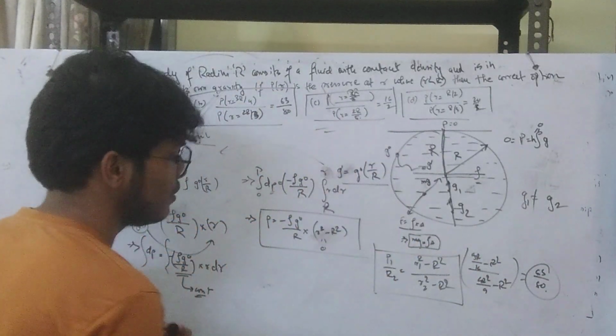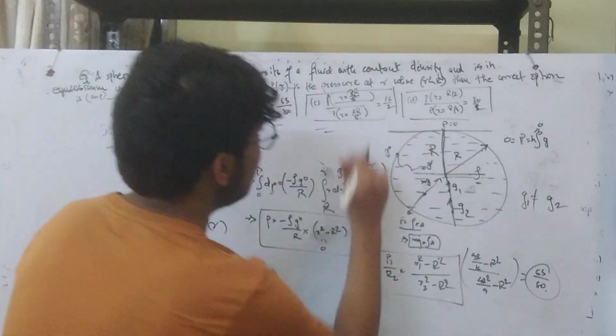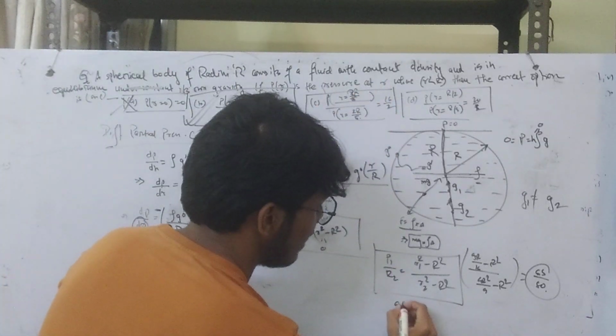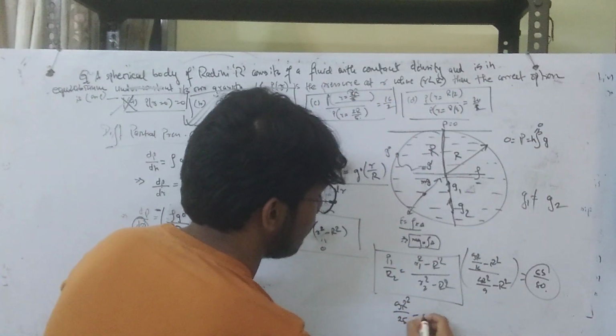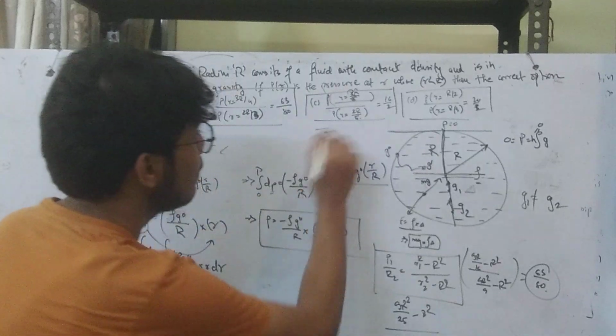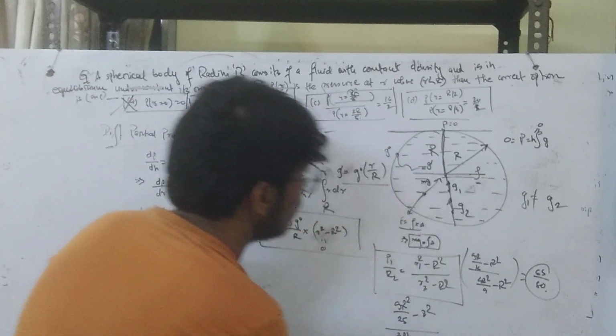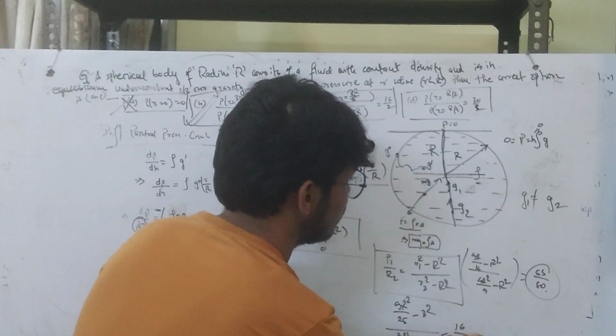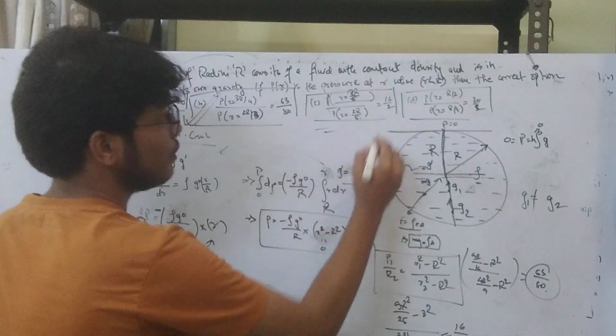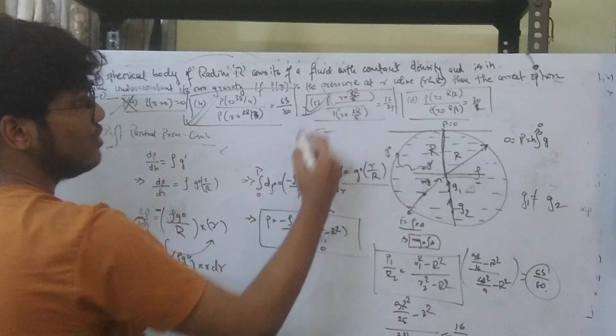Let's take the C option. C is 3R by 5, meaning 9R square by 25 minus R square by 4R square by 25 minus R square, which will again be 16 by 21. Yeah, it's correct. So C is also correct.